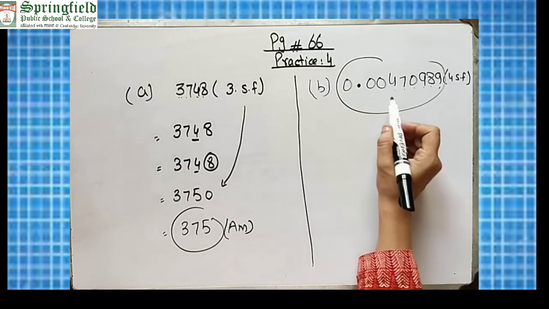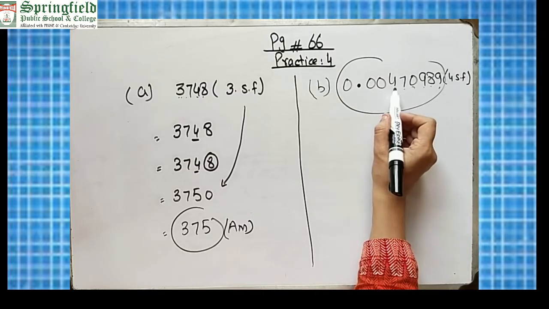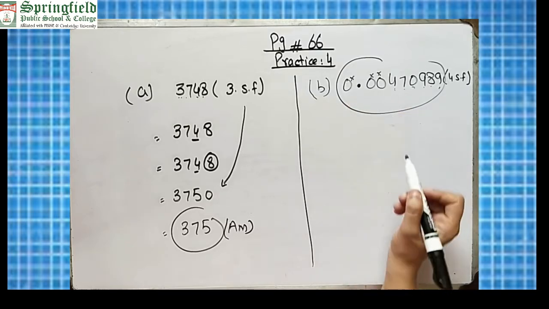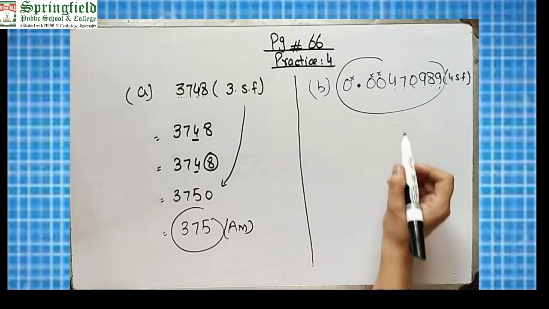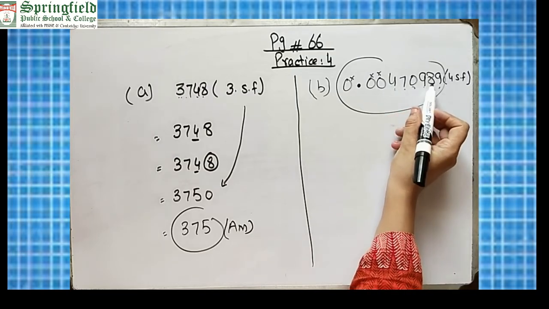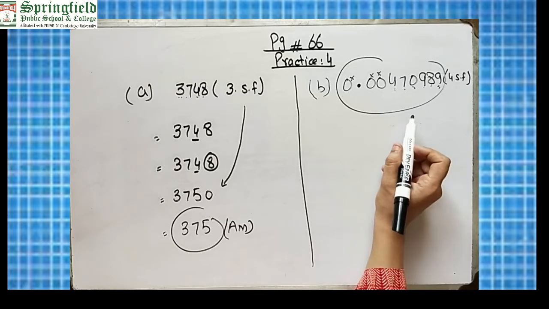In decimal numbers, the zeros before the non-zeros are not significant. It means these 3 zeros are not significant. So we will start counting from the 4. 1, 2, 3, 4, 5, 6. The given number has 6 significant figures.